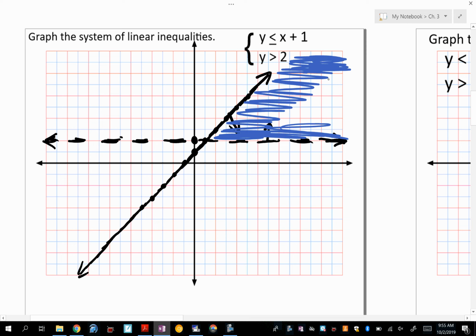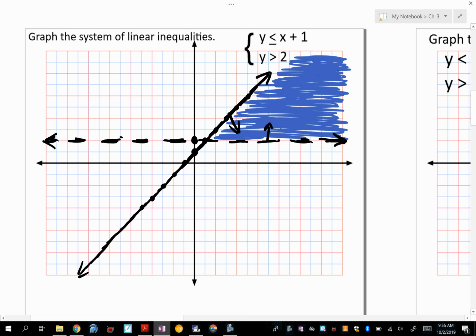Now, does anyone know what this means? Yes, it's the answer to graphing this, but does anybody know anything about this blue area that I just shaded? Any point that's in this blue area is going to make this system true. It's going to make both of them true statements.